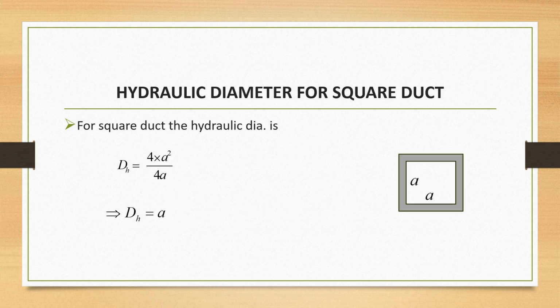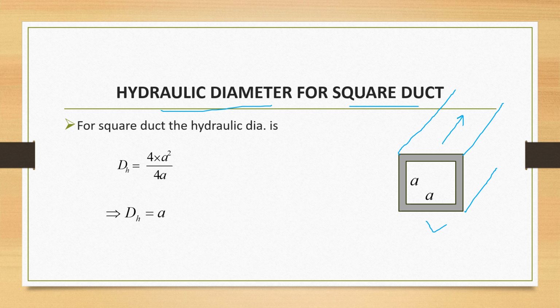Okay, now let's see the hydraulic diameter for a square duct. So this is our square duct. So let me draw the full figure here. This is basically like this, okay. So the fluid is going in this direction, okay.